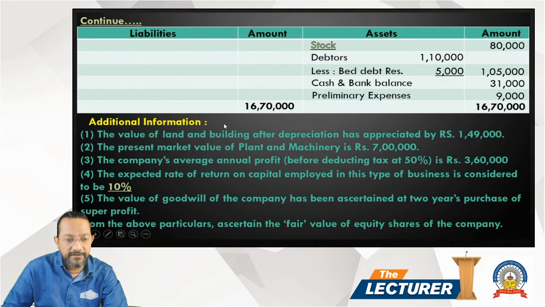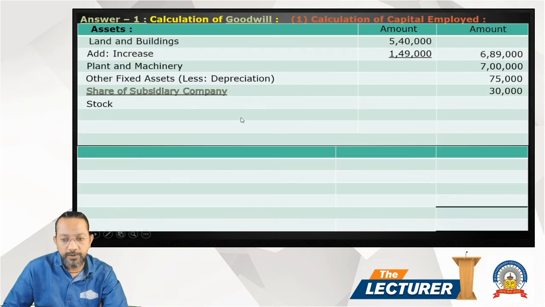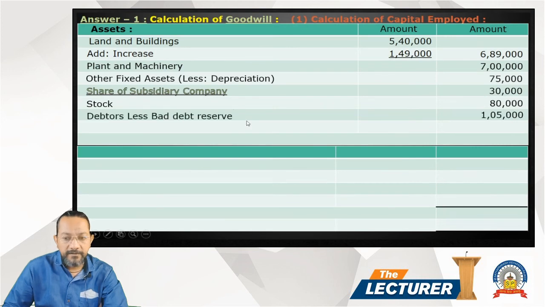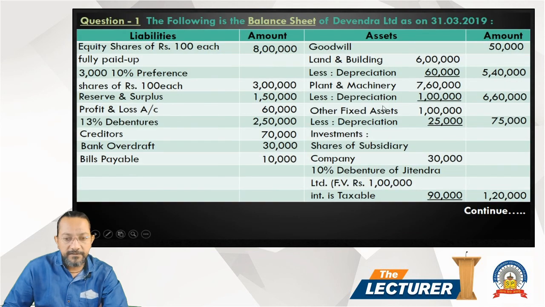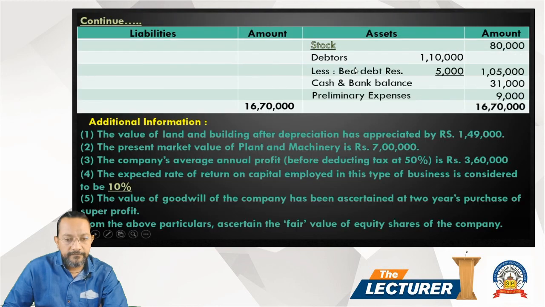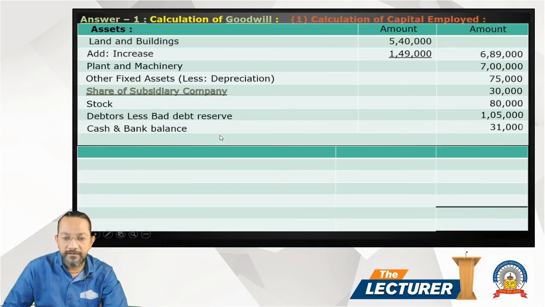The next item is stock 80,000. Then debtors 1,05,000 net value. Then cash and bank 31,000.